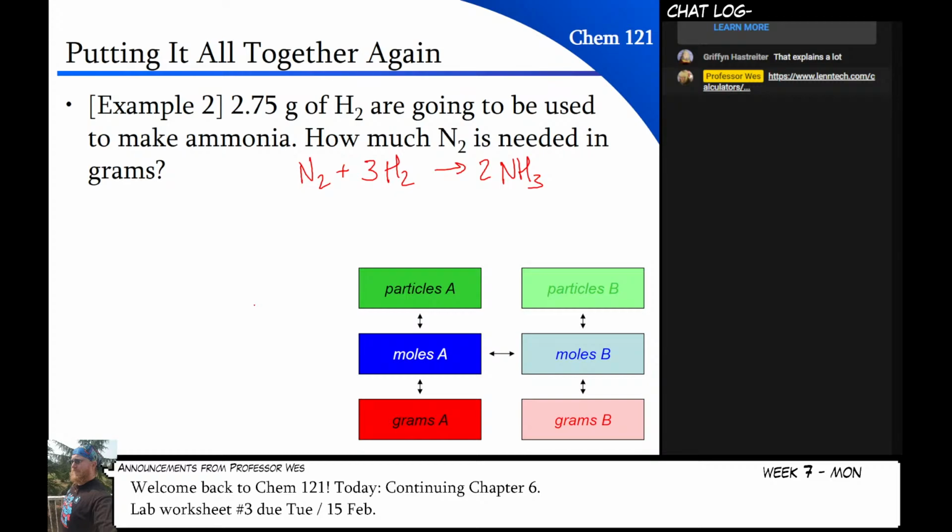Same process that we just did. I'll leave you about 5 or 6 minutes to try this while I go clean my glasses because they're just disgusting. I can't see anything.